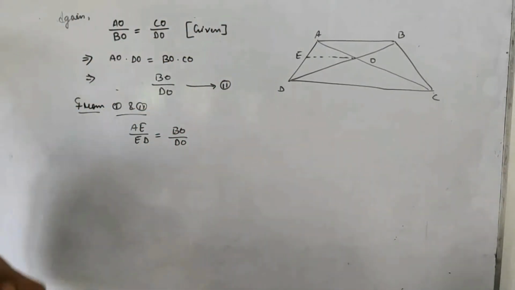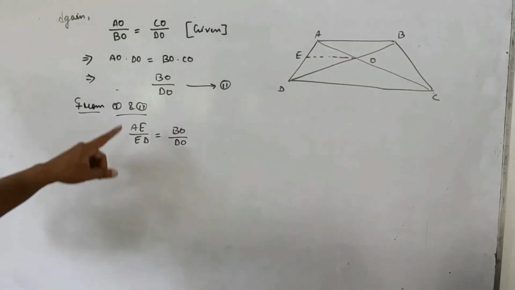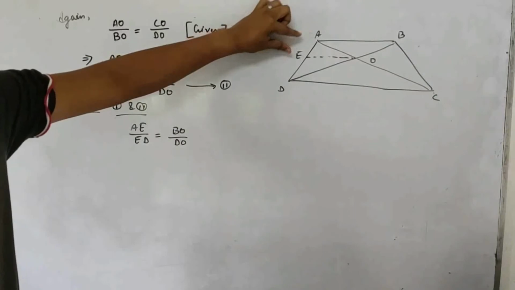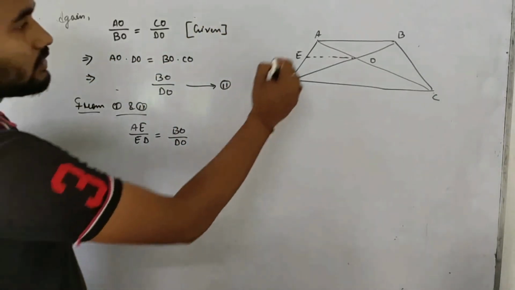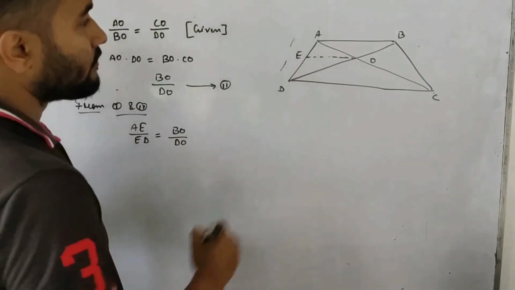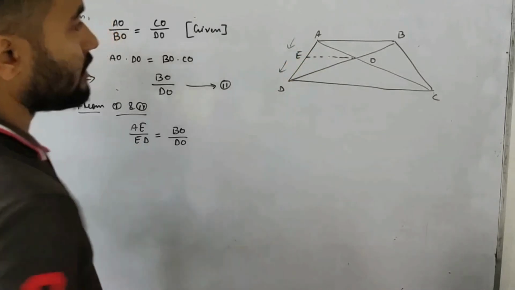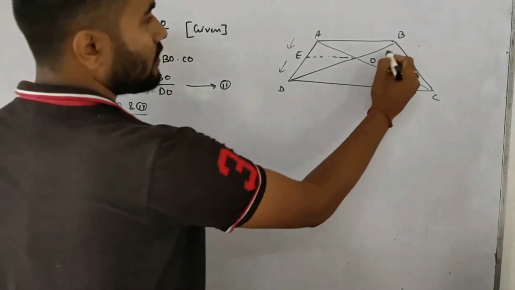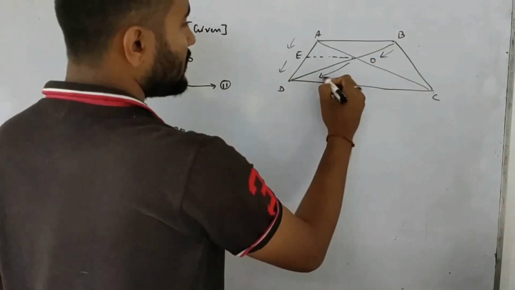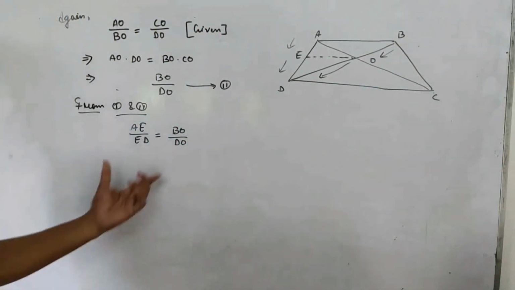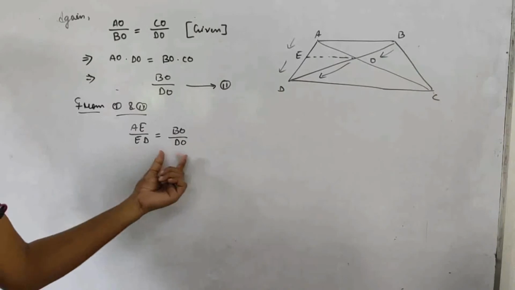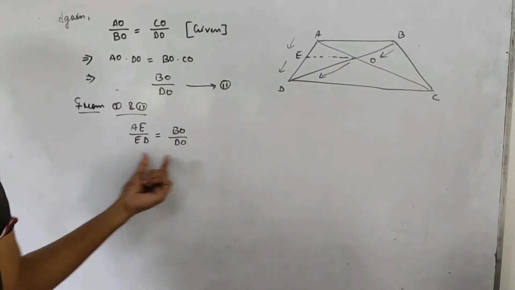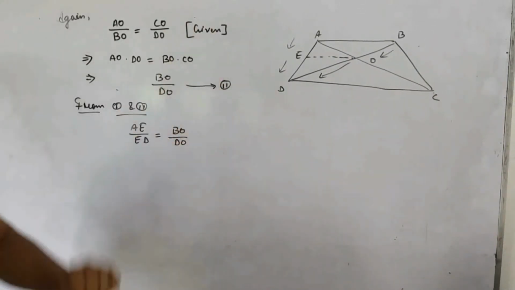Now from this ratio, what we can say? See this ratio, AE by ED. This is AE, this is ED. AE by ED, BO by DO. This is BO, this is DO. So these two ratios are equal in which triangle?